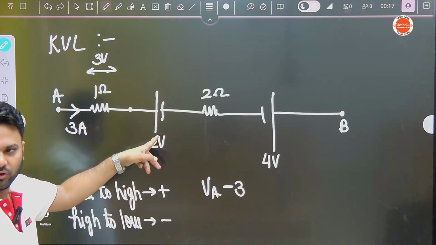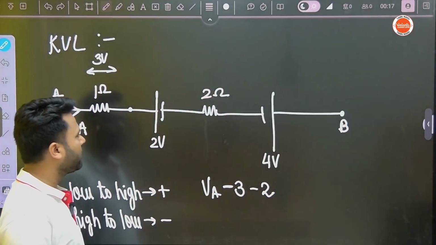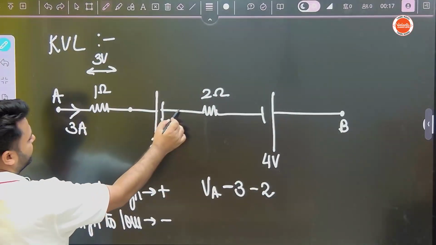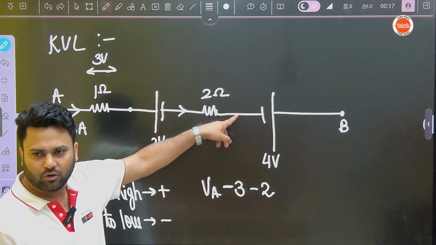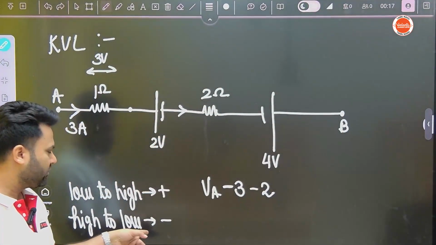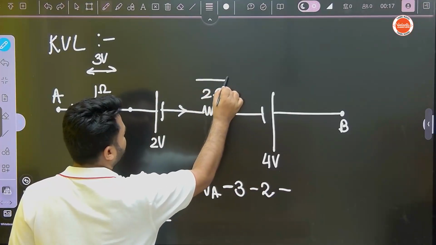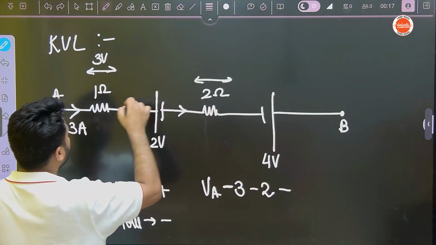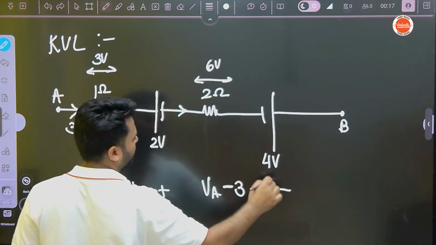How much? 2 volt. Minus 2. You can see current is in this direction only. Again, we are going from high voltage to low voltage, so again we subtract. What is the voltage difference here? IR. Current is 3, resistance is 2, so 6 volt. Minus 6.